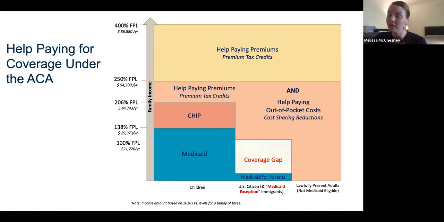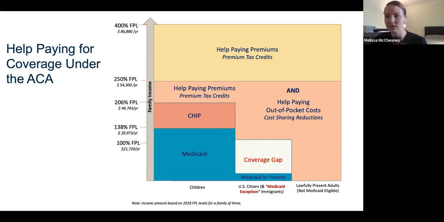So the folks who might be eligible as adults, thinking of Medicaid for parents, for example, could be refugees, asylees, those humanitarian statuses, or folks who've been living in the United States and working here for 10 years, and they have 40 quarters of coverage. Those are the only exceptions.